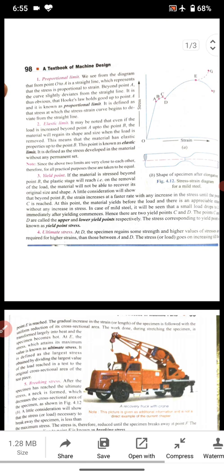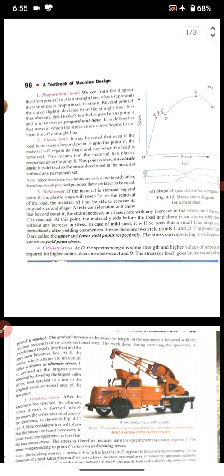This means that the material has elastic property up to point B. And whatever material you are going to use, since it is a ductile metal, it has elastic property.